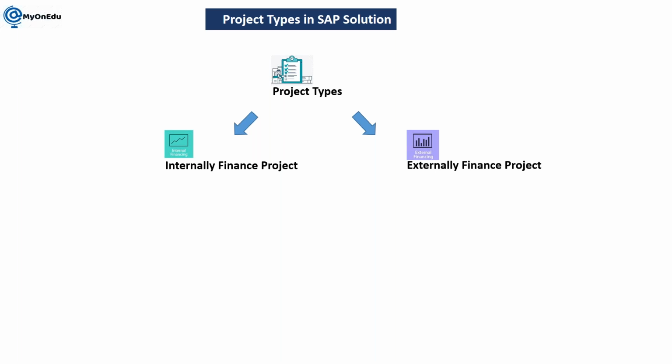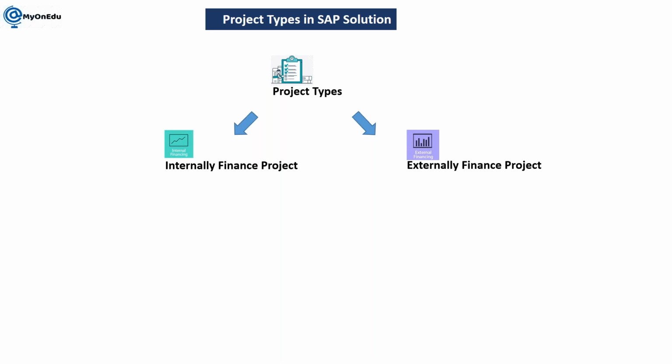Second type is the externally financed project, where an external party is financing the project. Like you are an organization manufacturing some product, and some other organization contacts you to produce the product for themselves. It means you have a customer in the scenario.